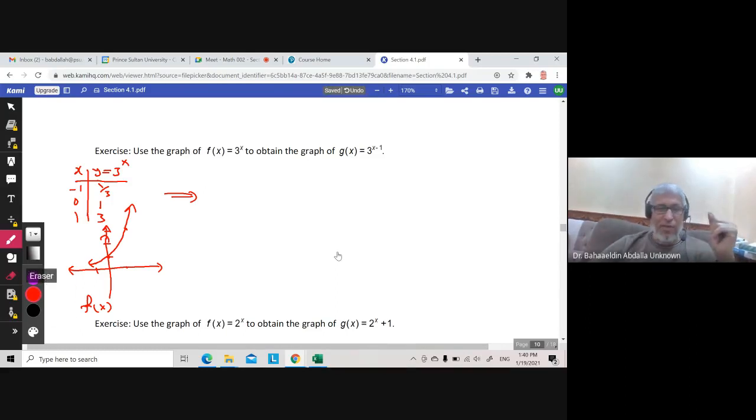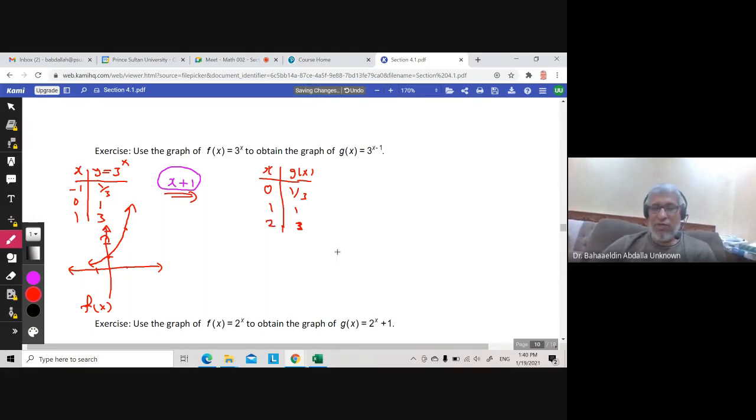Here you add 1, the opposite, meaning you add 1 to each x coordinate in the table. So the new table of g of x will be 1 over 3, 1, 3. This means y does not change, but we add 1 to each x, so minus 1 plus 1 is 0, 0 plus 1 is 1, 1 plus 1 is 2.